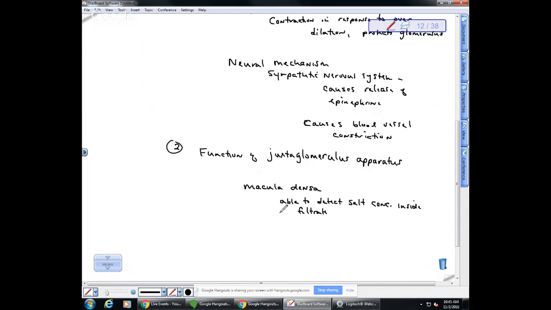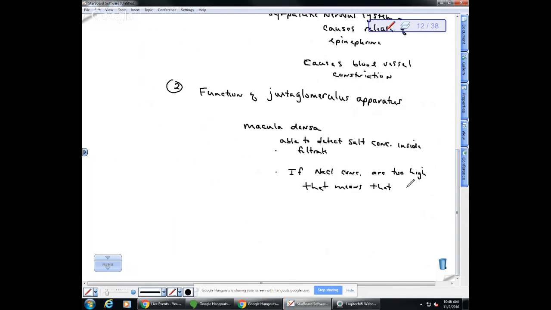If it is too salty, if NaCl concentrations are too high, that means filtration is too great.